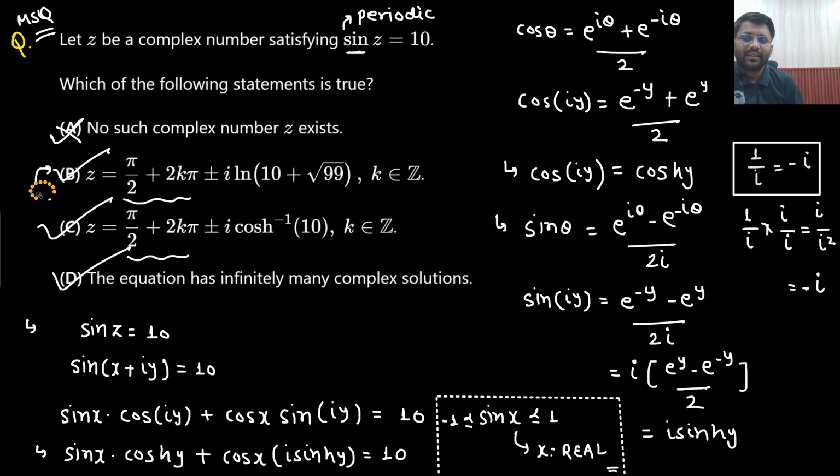And secondly, there is a relation between ln and cos hyperbolic. What is the relation? You don't need to remember it.